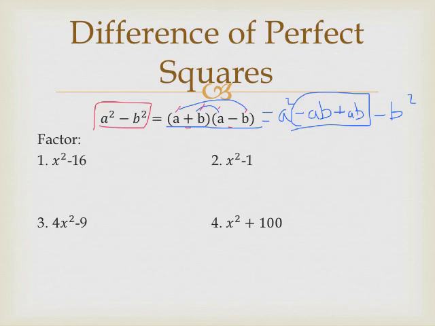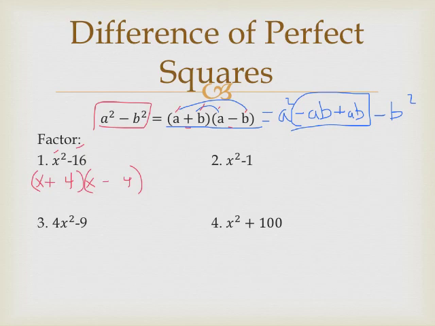Okay? So looking at this first one, I have x squared minus 16. I know that that is the difference of perfect squares, because my first term is x squared, which is x times x. My second term is 16, which is a perfect square of 4 times 4. And so they should factor into the conjugate pair, x plus 4, x minus 4.